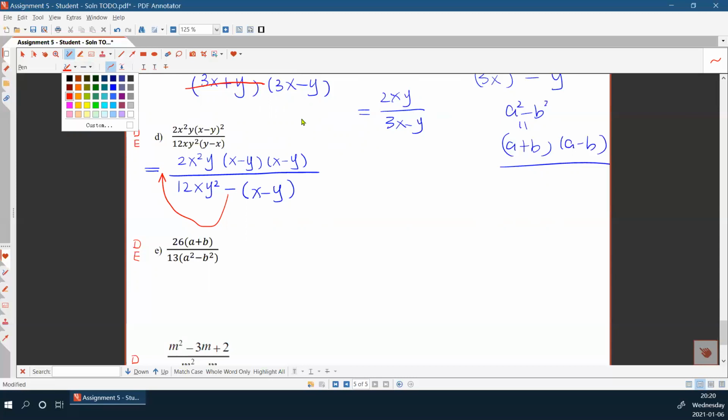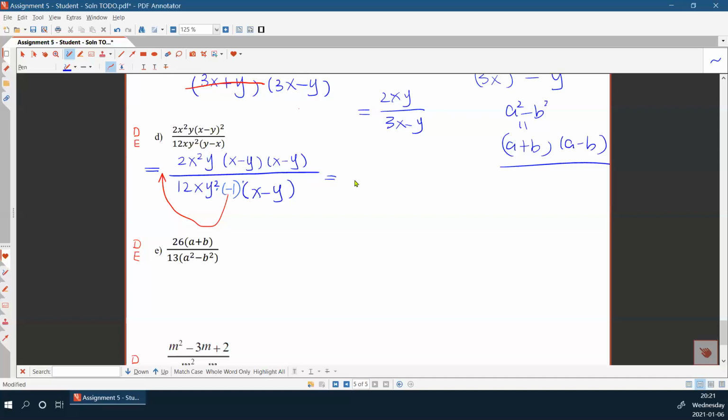Actually, I should write it this way: we have minus 1 as a product, not a difference. So you can put this minus 1 in front.